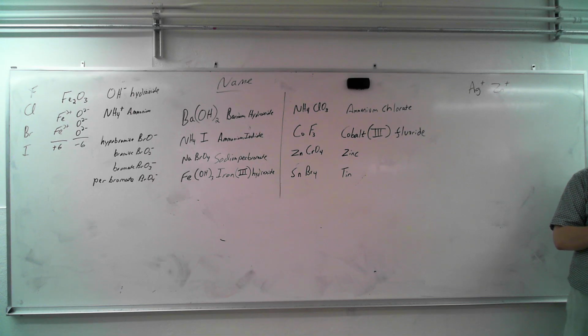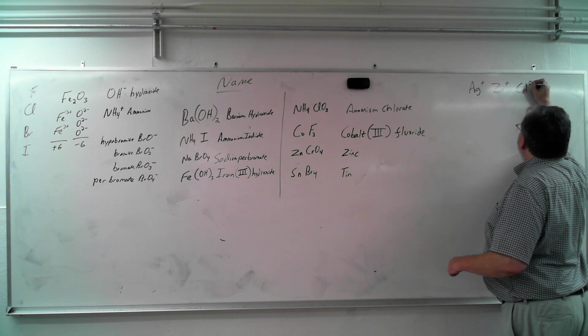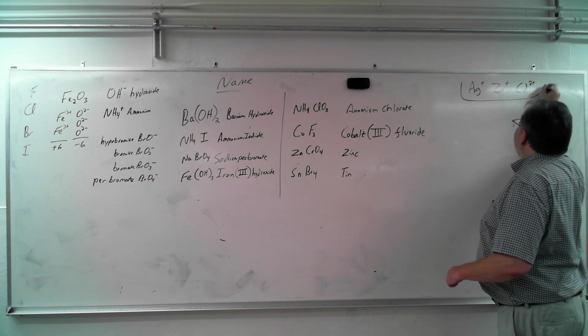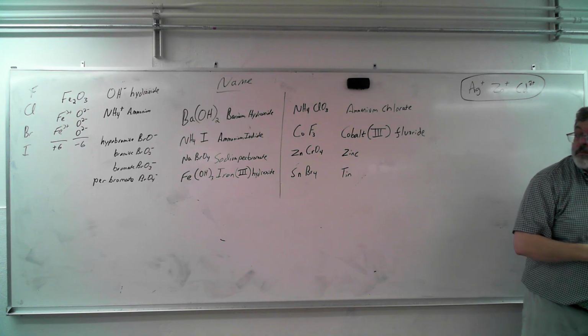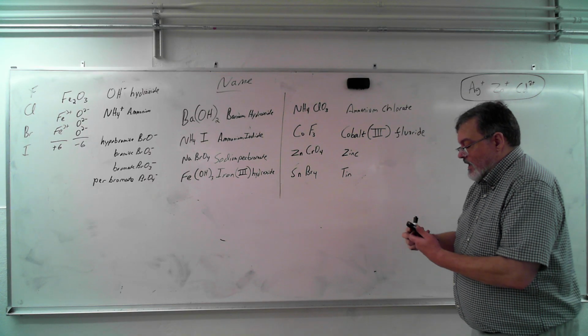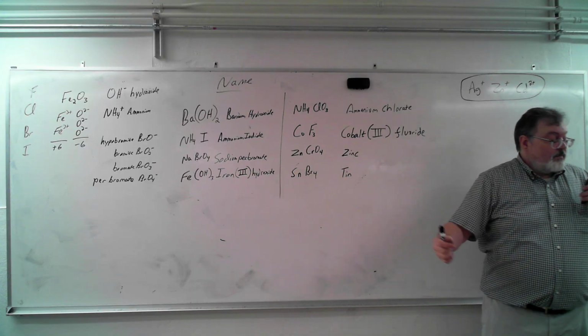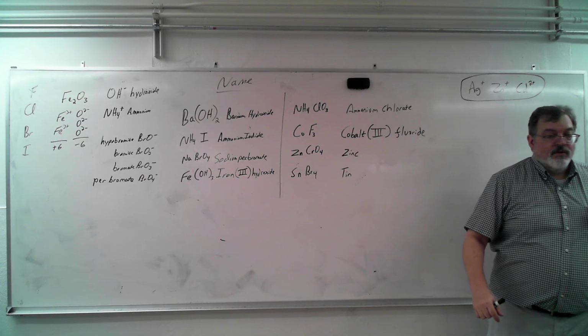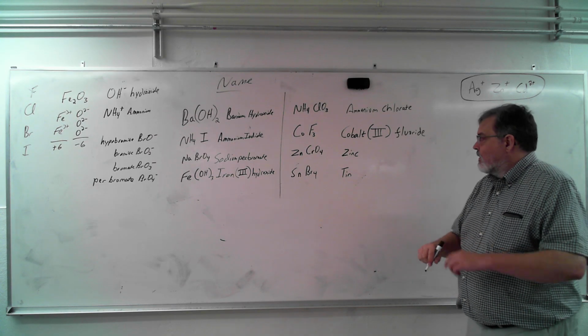Zinc is, cadmium is, I predict +2. Yes. These are the exceptions. These always only have 1 charge, so they're the only exceptions to the transition metals being variable. And I bring that up because sometimes you'll see them drop off that parentheses for these. And they only do it because they're predictable and there's no reason to put it there. But when I explain this, I usually gloss over that until the end.